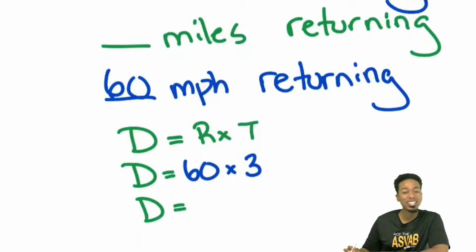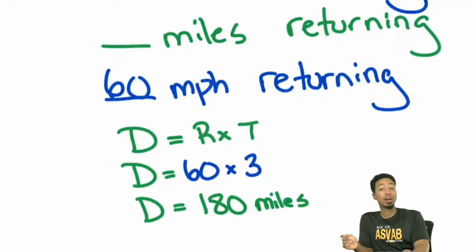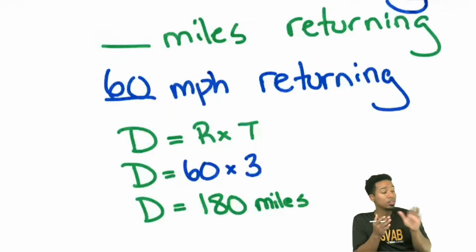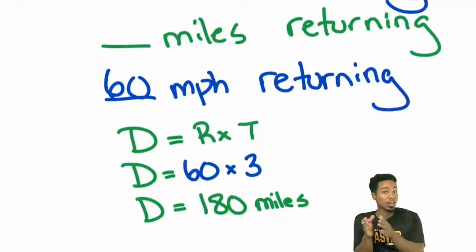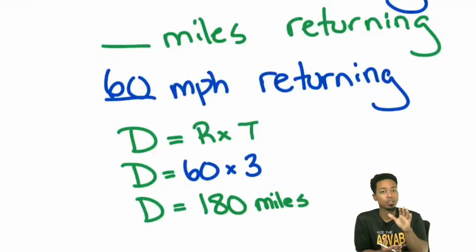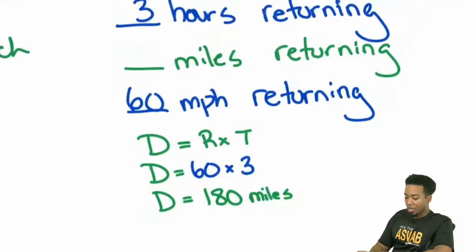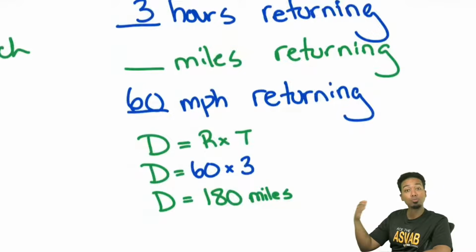Yes, that's going to be 180 miles. Now, at this point, I don't want any questions as to what kind of bike Ryan is riding or if he's able to actually ride that long. That's not my concern. Shouldn't be yours either. So we have 180 miles, everybody, and that's for the return trip from the beach back home.